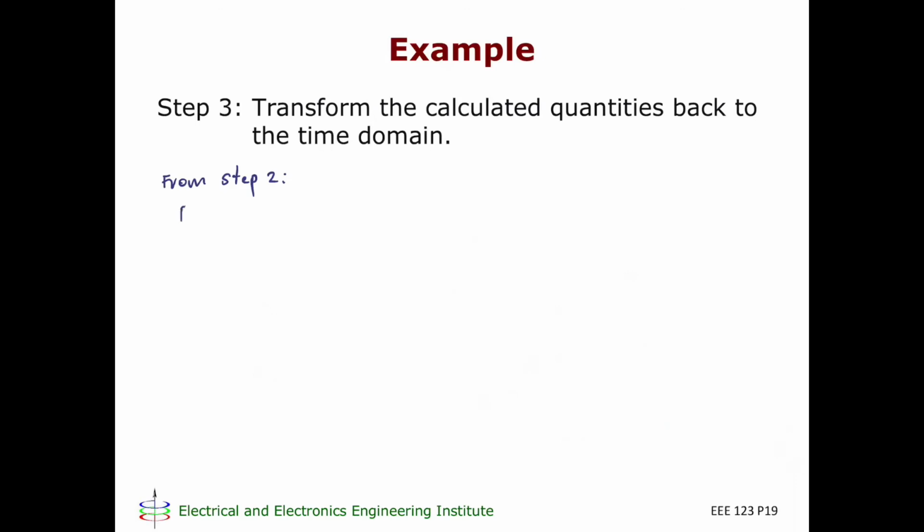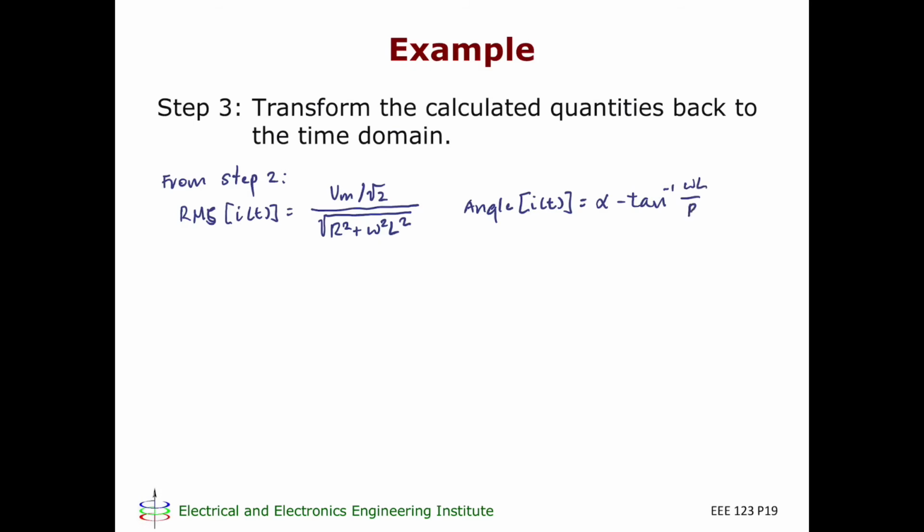So the RMS value of is(t) would be equal to Vm over the square root of 2 all over the square root of R squared plus ω squared L squared. And the angle of is(t) would be equal to alpha minus arctangent ωL over R.